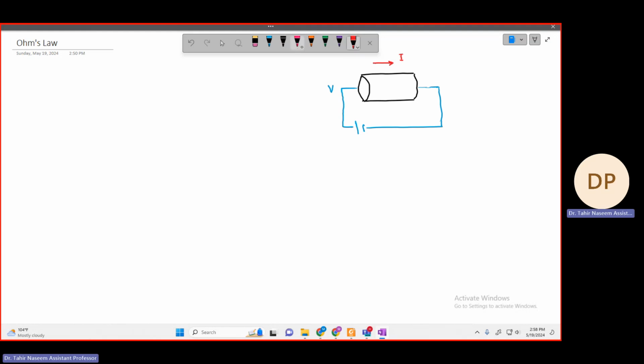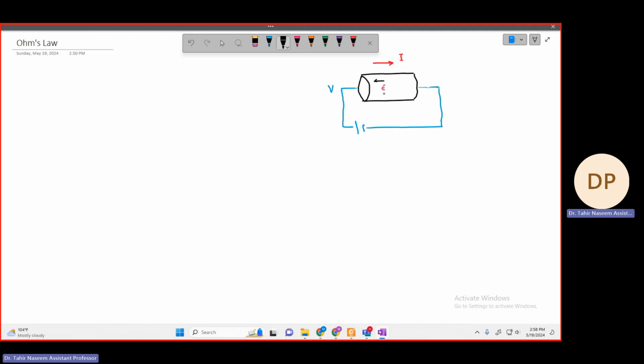Okay, so basically what is happening due to the application of the potential is that the electrons will start moving in a conducting material in one direction, due to which we say a current is established.